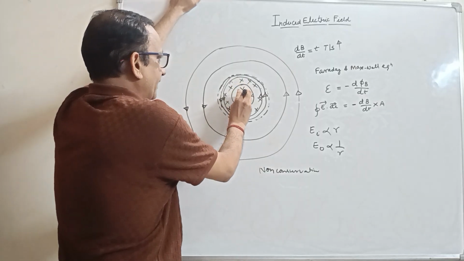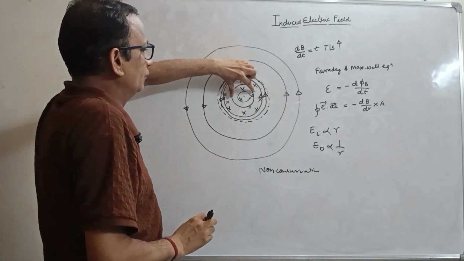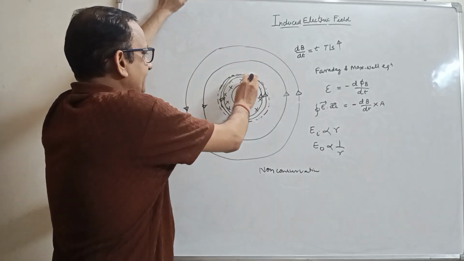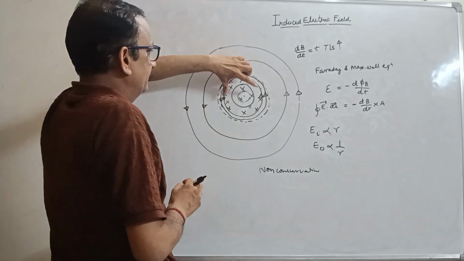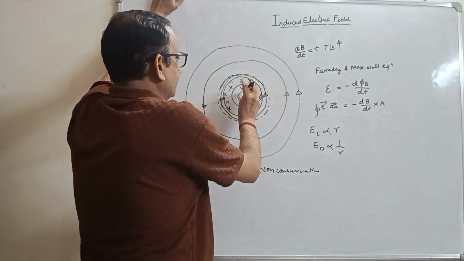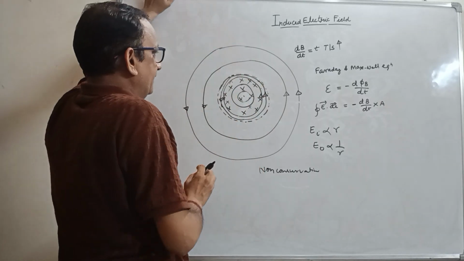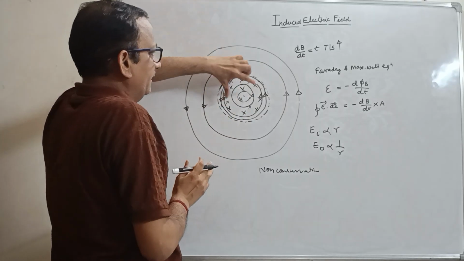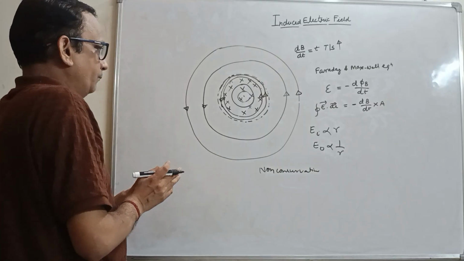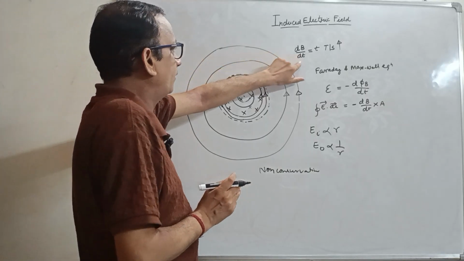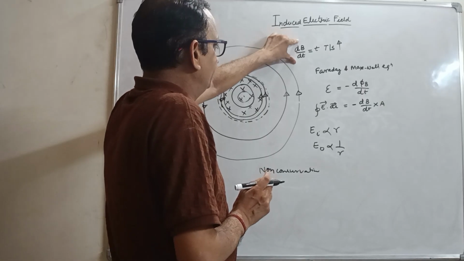For generation of induced electric field, there is no necessity for a charge to be placed. A conductor is not necessary to be present here. Without a conductor it can be produced only by the change of magnetic field with respect to time.